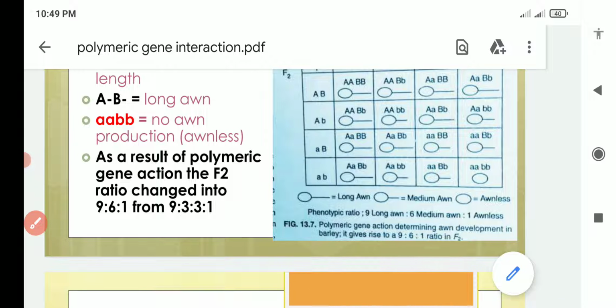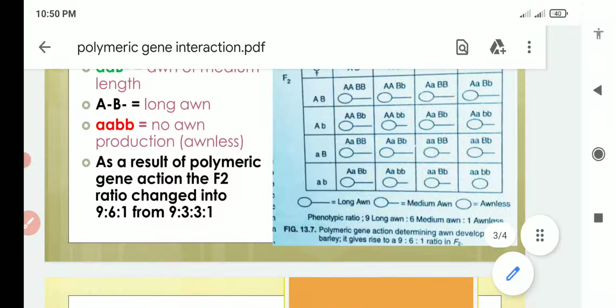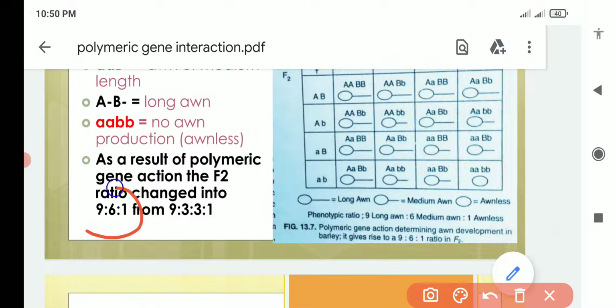Okay, so I hope this polymeric gene interaction is clear to all of you now, like how the genes act and how their interaction takes place, how the dominant alleles express themselves with each other and modify the phenotypic effect, which ultimately modifies this ratio into 9 is to 6 is to 1.